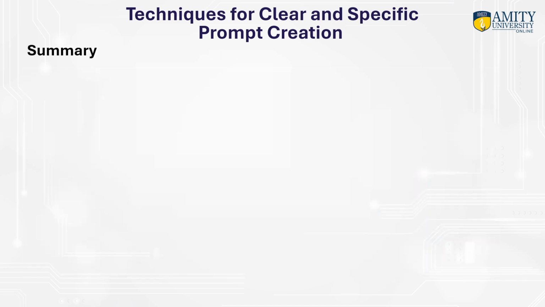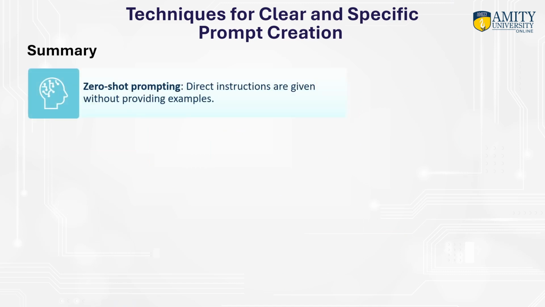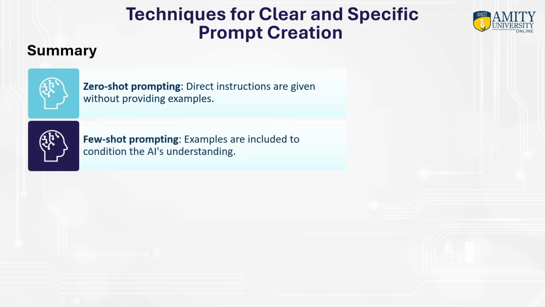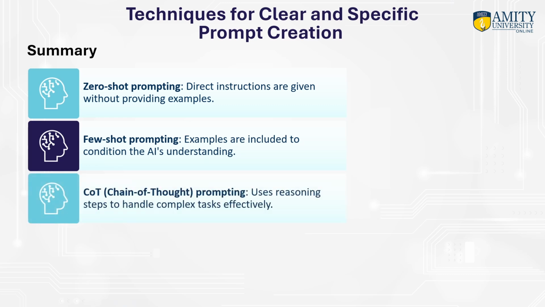Now, as a summary, we have learned some useful techniques that you could apply when you are giving instructions to your AI model. These are zero shot prompting, that means direct instruction without example. Next is few shot prompting, that provides example to condition the AI. Then you have COT prompting, that uses reasoning steps for complex tasks.